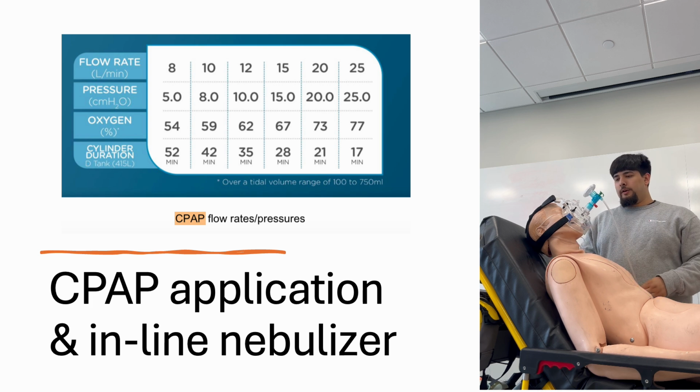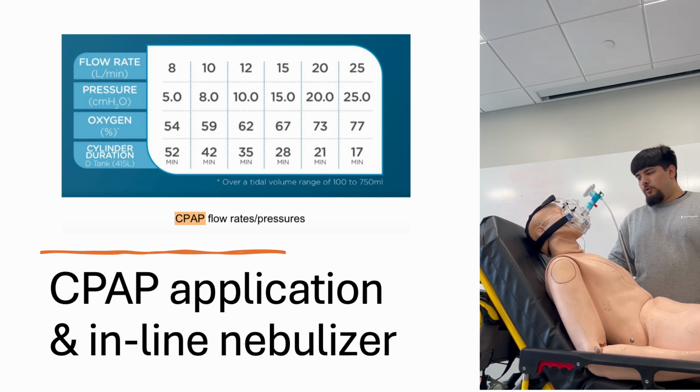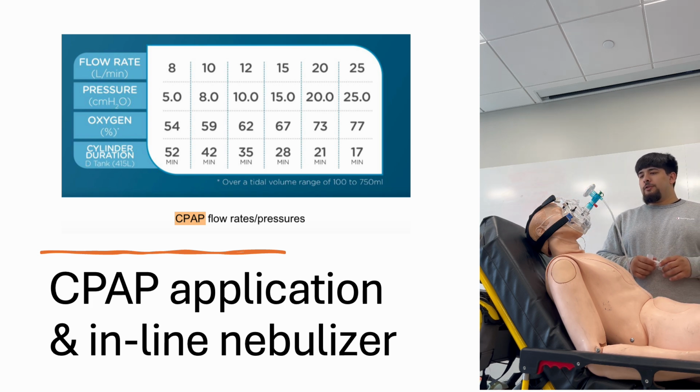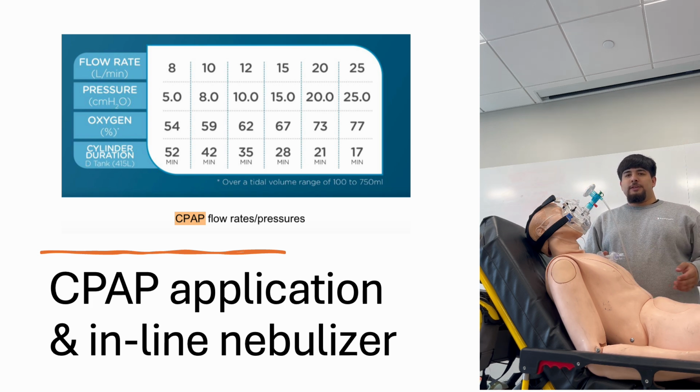Now we're going to talk about how to do the inline neb. Before, using a nebulizer was kind of contraindicated for patients with congestive heart failure, but a lot of these patients might also have COPD or other respiratory illnesses, so they might be having this CHF exacerbation but also have some wheezing or bronchospasms going on. So sometimes it is beneficial to give them albuterol or DuoNeb.